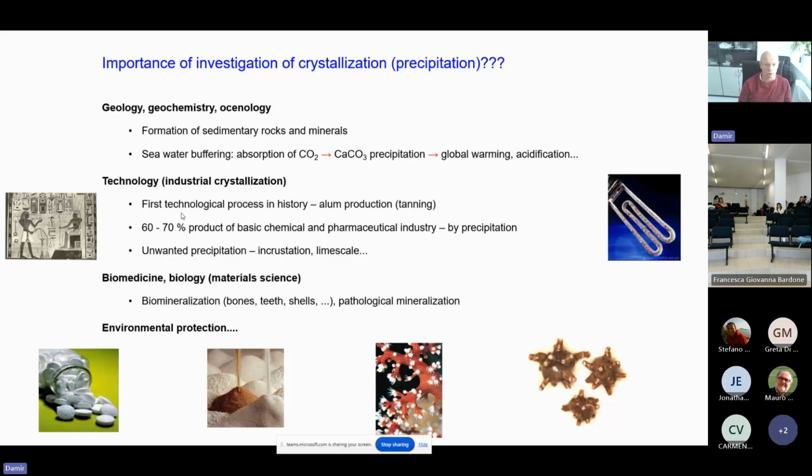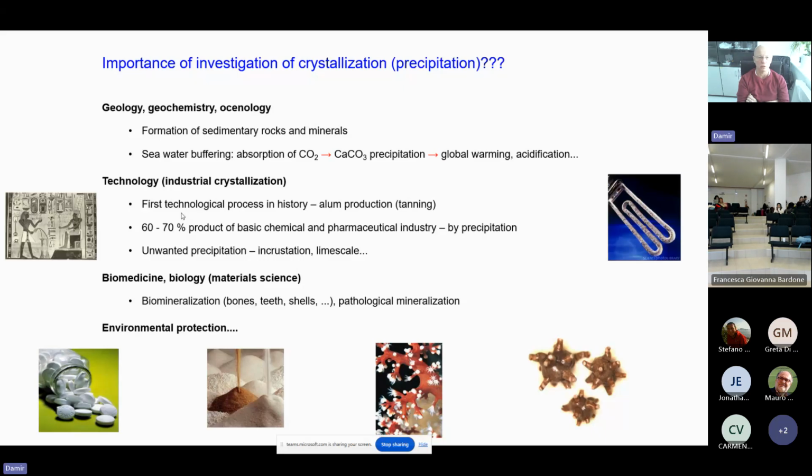I should also emphasize that when we talk about technological crystallization, technological system, unwanted precipitation is also in the form of incrustation or lime scale formation, which is also a very important parameter that can change the efficiency of the systems, and therefore knowledge about this process is necessary.